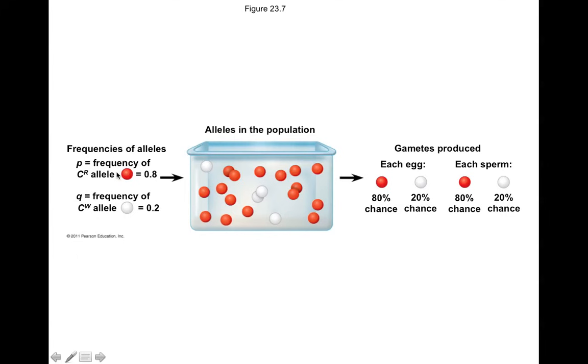So if we took our sample population, we know the frequency of our C big R allele and the frequency of our CW allele, 80% and 20%. That's our alleles in the population. So for each egg and each sperm, there's an 80% chance that it's going to be red, a 20% chance it's going to have the white allele. Same for the sperm.